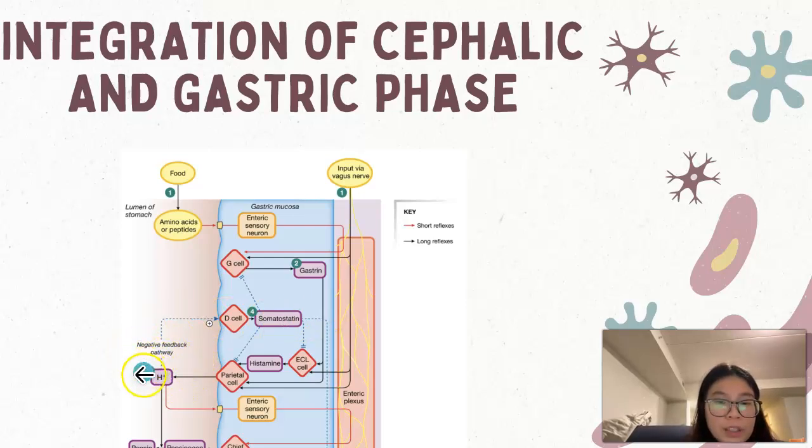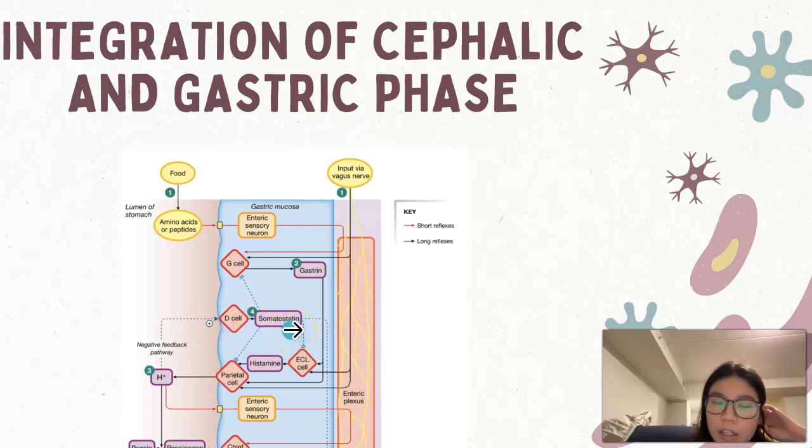So after the third step of building up hydrogen ions and allowing it to break down our fats and proteins, we need to regulate the buildup of too many hydrogen ions, which can contribute to too low of a pH in our stomach. Through this negative feedback pathway, we're able to stimulate D cells to release somatostatin.